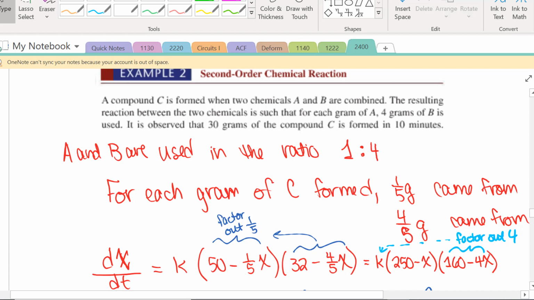I don't have nearly enough. So then I have to focus on B. How much B do we have available? 32 grams. And we use 1/4 of that amount for A. So I'd use 8 grams of A. So altogether, 8 plus 32.